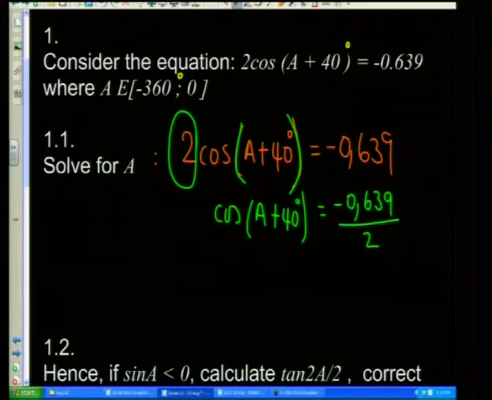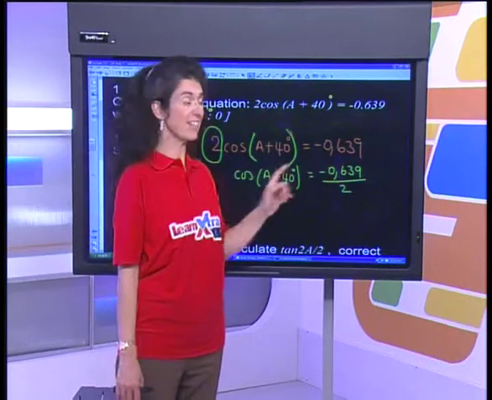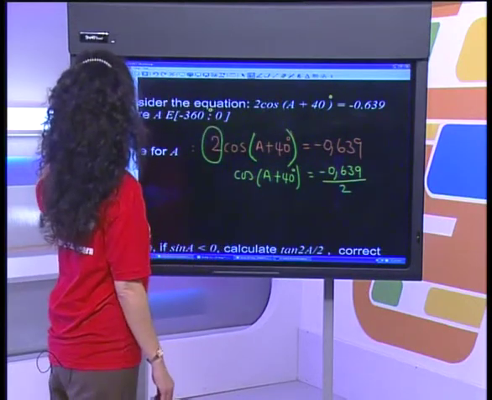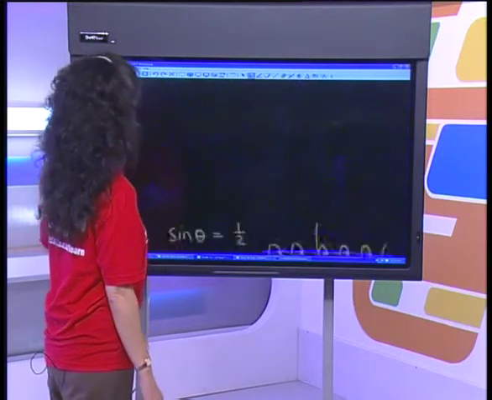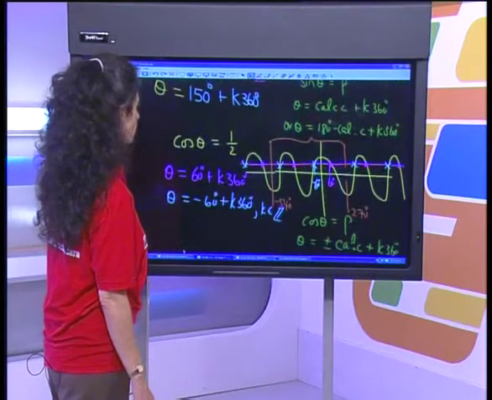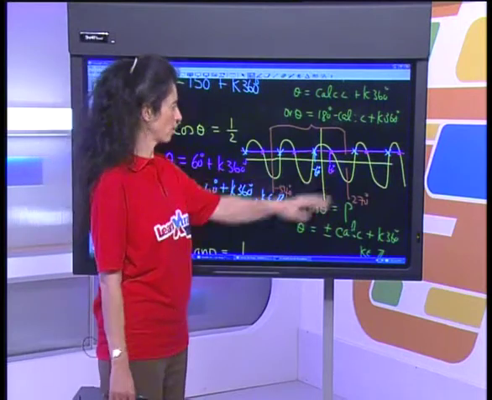Once I've got that, I can go to the calculator and see what value it should give me. Now notice that cos is negative. When we had our first theory, we looked at a cos that had a positive ratio. For example, I gave you positive a half, and it gave us all of those.